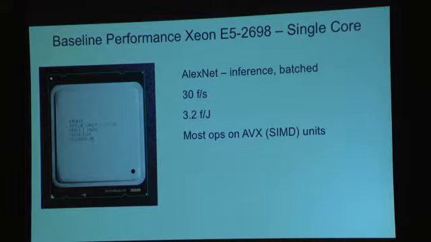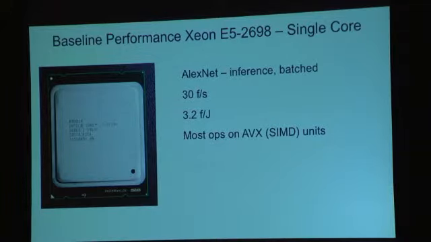A single processor of a Xeon E5 2698, and that means absolutely nothing to me or to anybody else, I'm sure. But it's a standard Intel data center processor. This is a hexadecacore processor, as Intel refers to it on their webpage, which means it has 16 cores. I'm going to use just one of them, run Caffe, and I'm going to get 30 frames per second and 3.2 frames per joule, basically frames per watt second.